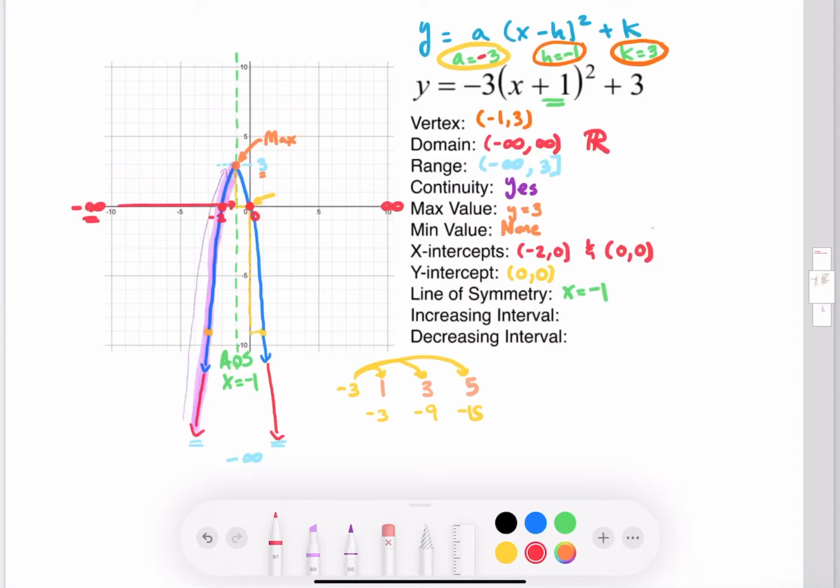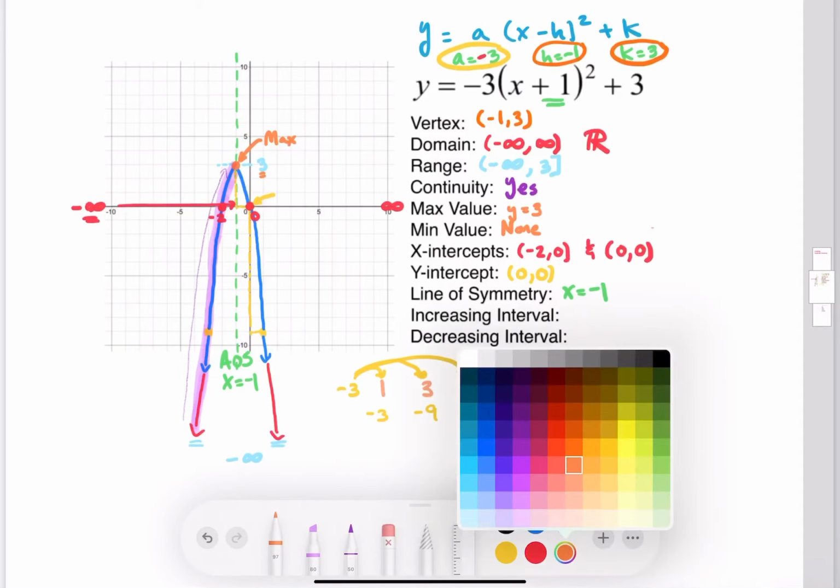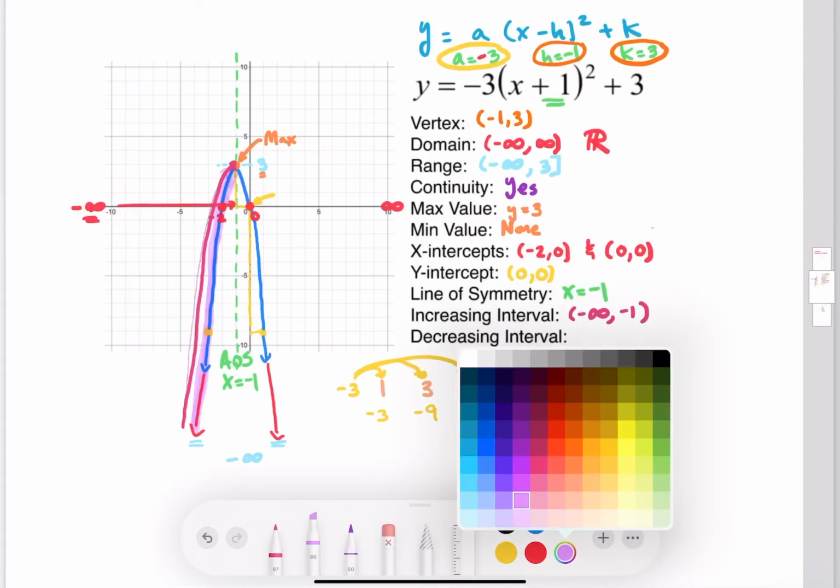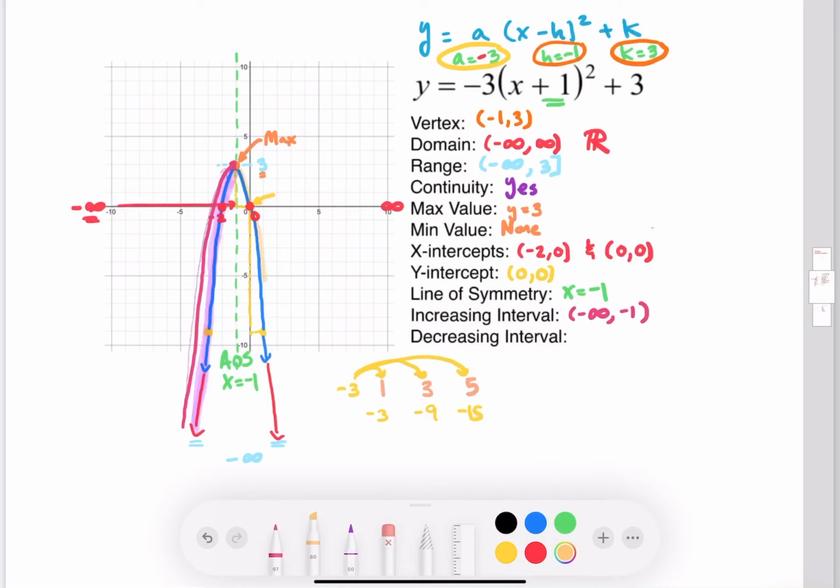So it's starting at negative infinity, and it keeps going up until it hits that line, and that line is located at x equal to -1. And as soon as it hits that line, our graph starts to decrease. We can see that right over here. So once it hits that line, our graph is starting to go in a downward direction.